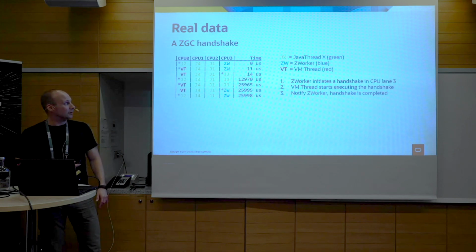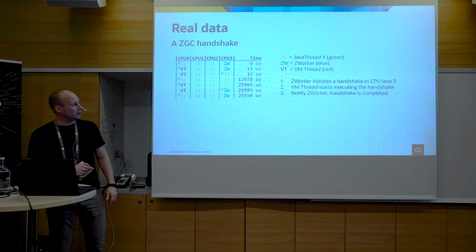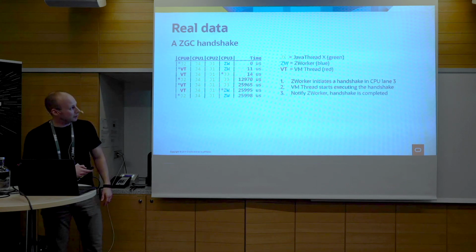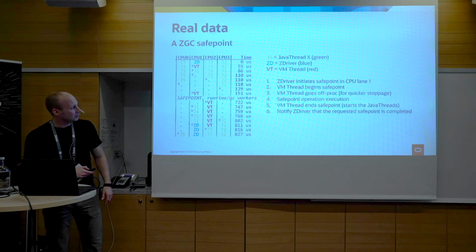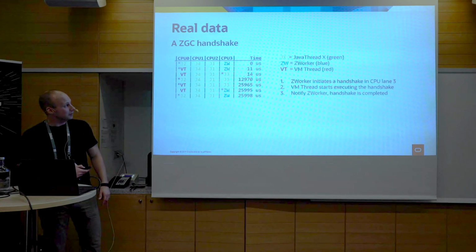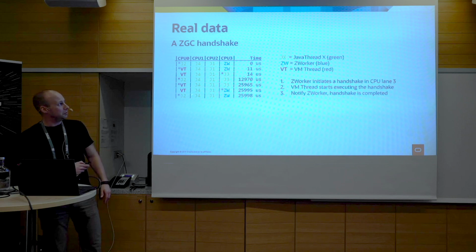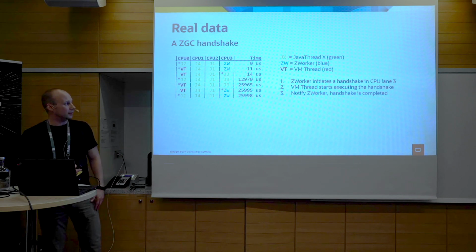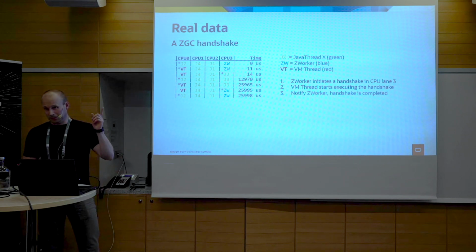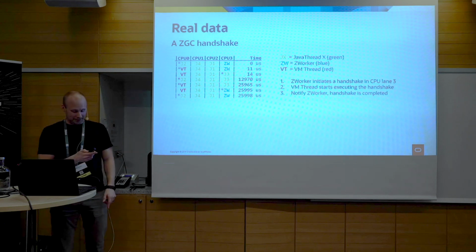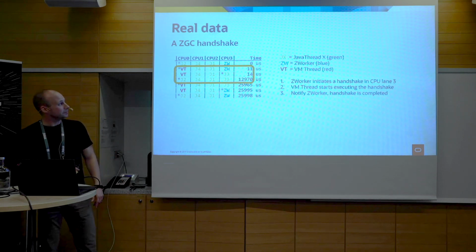This is how a handshake looks. As you can see, the time here, 26 milliseconds, and the time here. So it takes forever, but the CPUs are unaffected, except there's one problem in this picture. It's here.